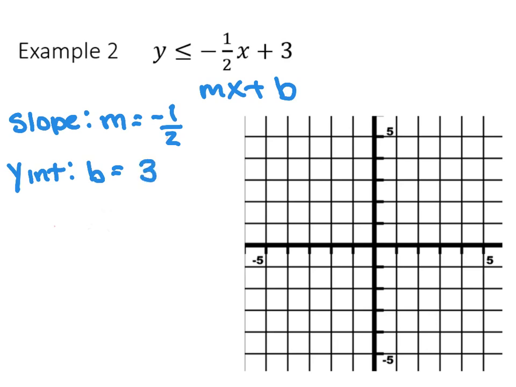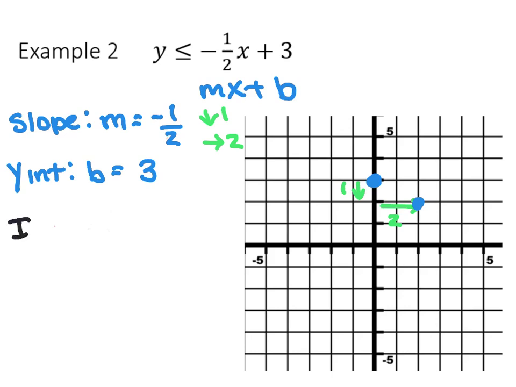So that means I'm going to start my point with my y-intercept at 3, and since my slope is rise over run, I'm going to go down 1 and over 2, since it's negative. So I go down 1 over 2 and plot my new point.